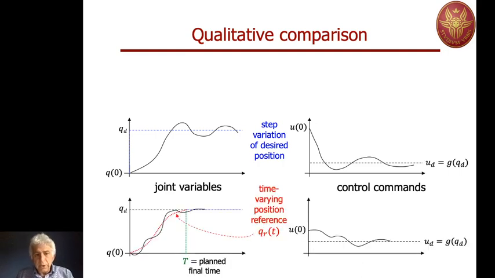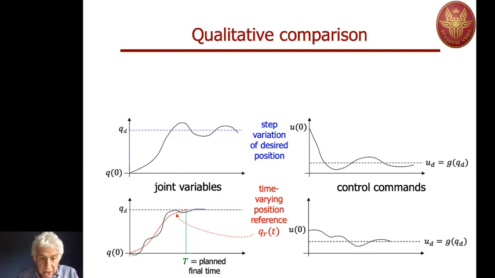Now, if we use a time varying position reference, interpolating in a given planned final time, capital T, the initial and the final position, for instance, the dashed red curve that goes from Q0 to QD, then initially the error will be 0.